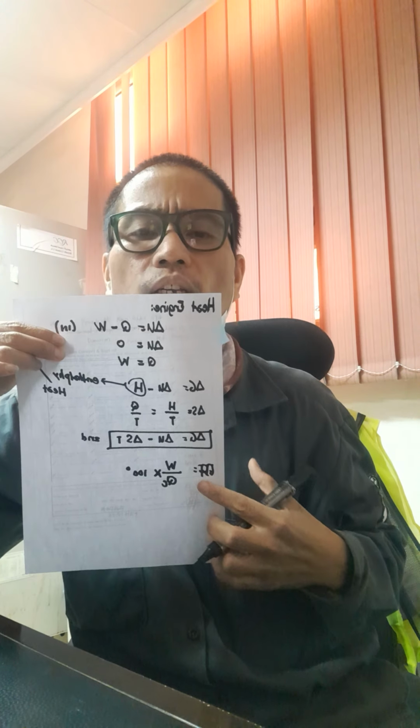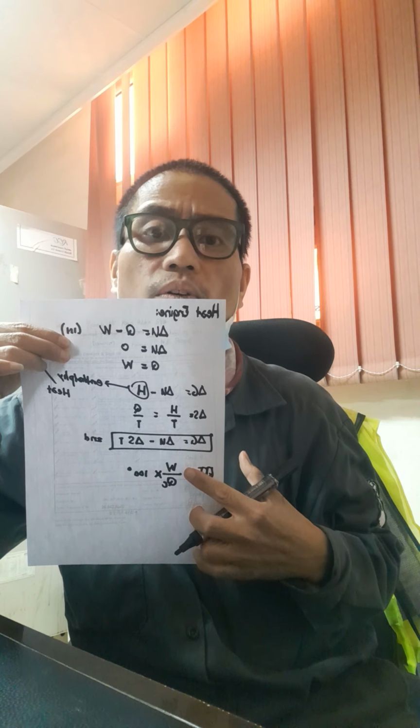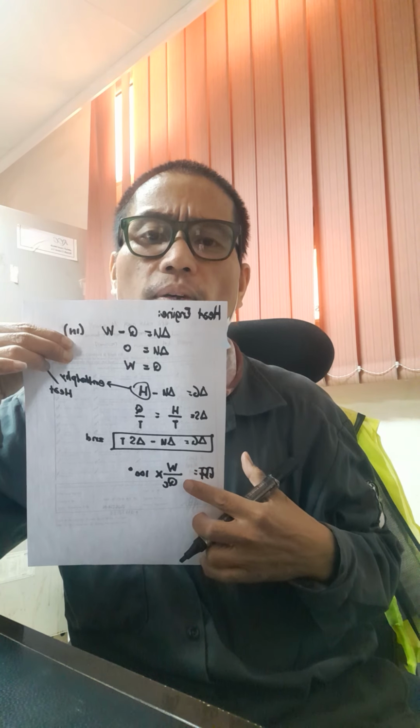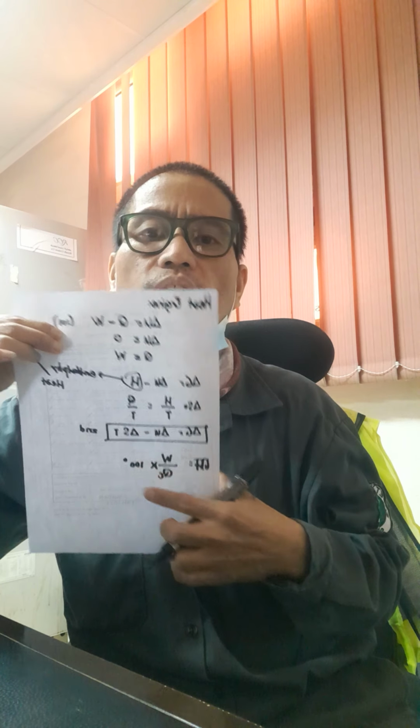Okay, now going back to the heat engine, we can have efficiency equal to work over Q absorbed by the heat engine times 100%. Efficiency is the work output of the heat engine over the heat absorbed by the heat engine times 100%.